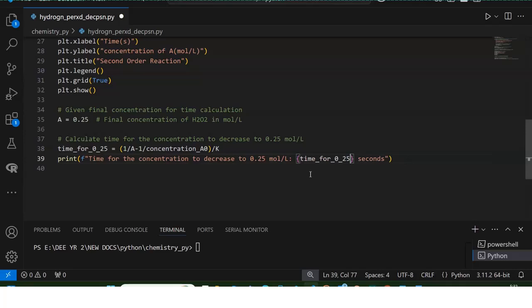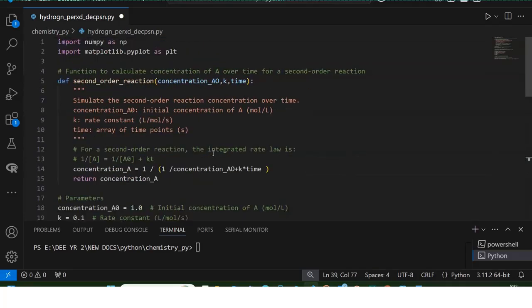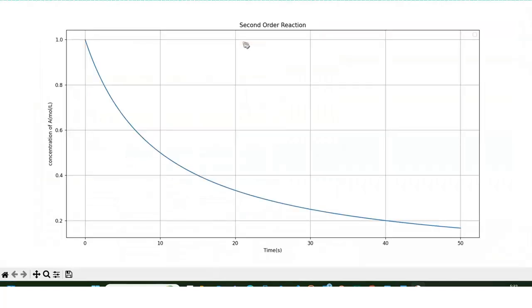So finally, it's time for us to run our program and see. So let's run. Okay, wow, this is beautiful. Our program has run successfully, and you can see that the concentration is on the y-axis and time is on the x-axis, with values ranging from 0 to 50.